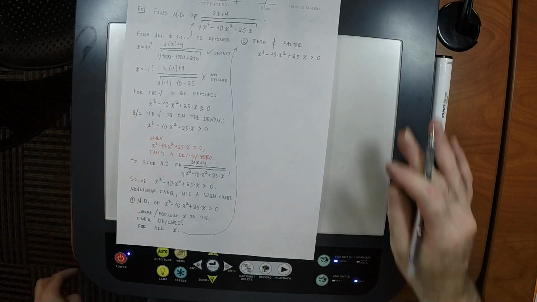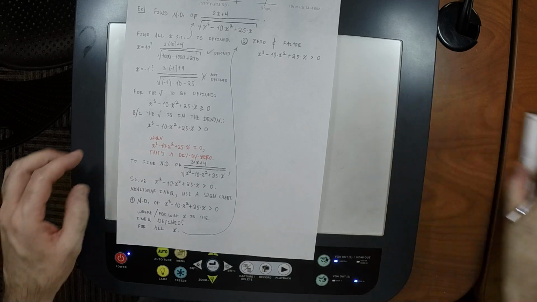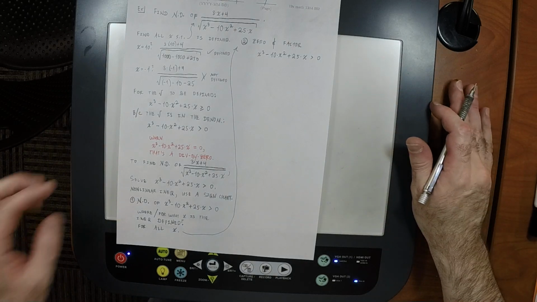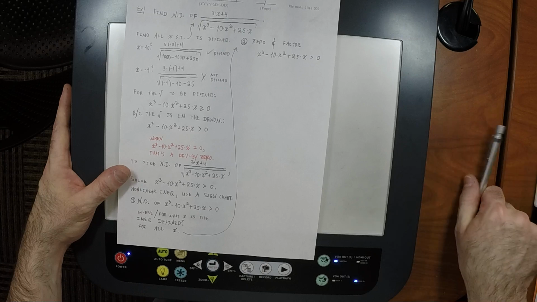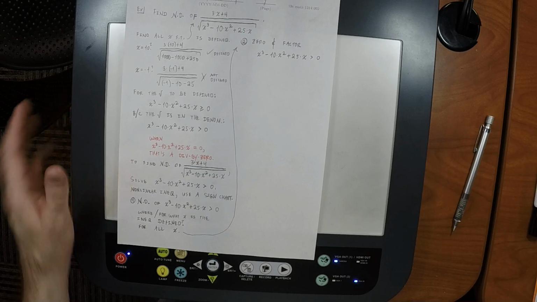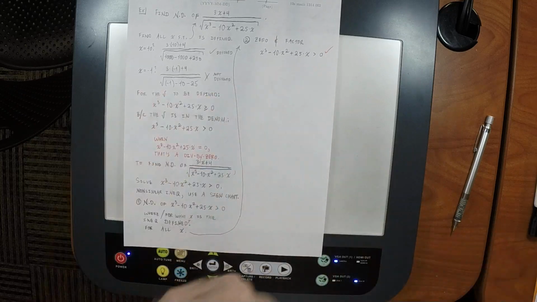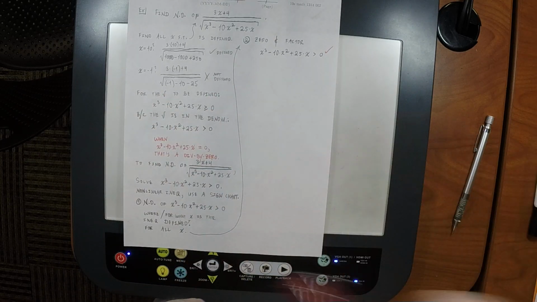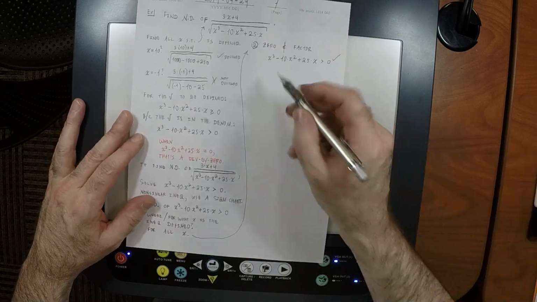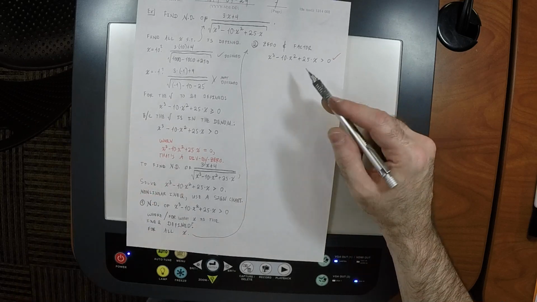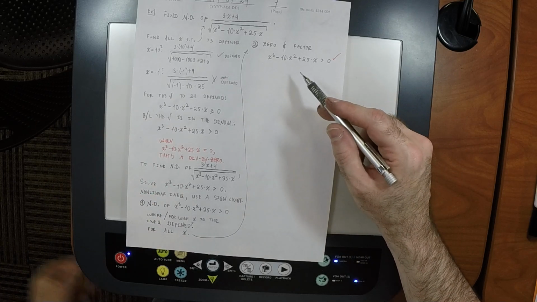We want to make one of the sides 0, and then we want to factor the non-zero side. So one of those steps is easy. One of the sides is already 0. Okay, so check that off. And we want to factor this.